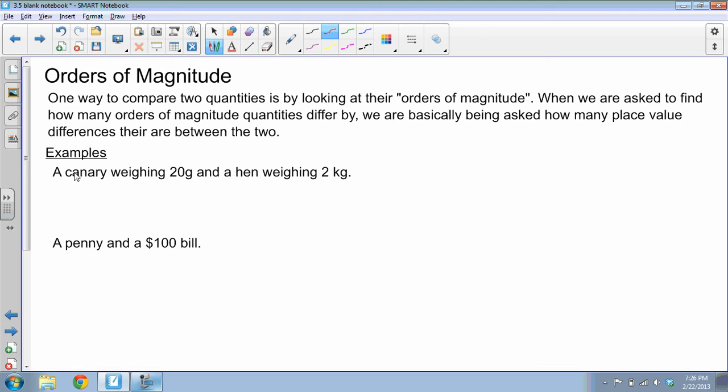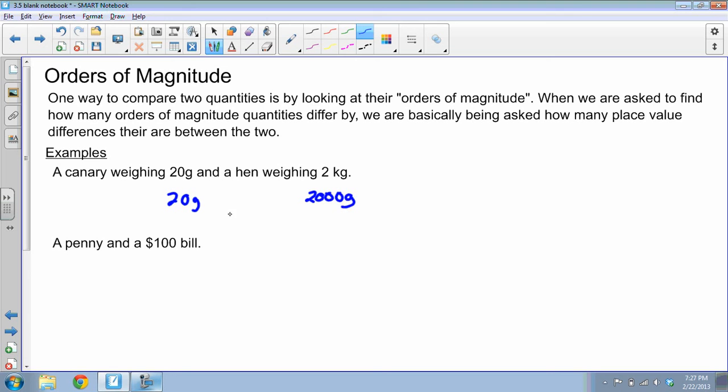So for example, if I have a canary weighing 20 grams and a hen weighing 2 kilograms, and they want us to say how many orders of magnitude those are apart. One thing that's helpful is to change these to the same unit. So 20 grams I'm going to leave alone. 2 kilograms, there's 1,000 grams in a kilogram, so this is 2,000 grams.